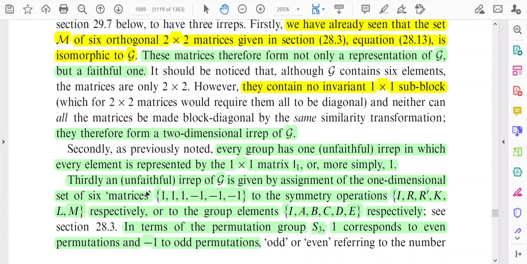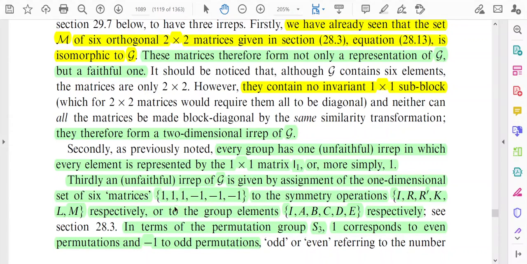And thirdly, there is another unfaithful irreducible representation of G, given by the assignment of a one-dimensional set of 6 matrices. This set of 6 matrices is again 1 by 1 matrices, but unlike the previous case not all are 1: the first 3 are 1 and the next 3 are -1.